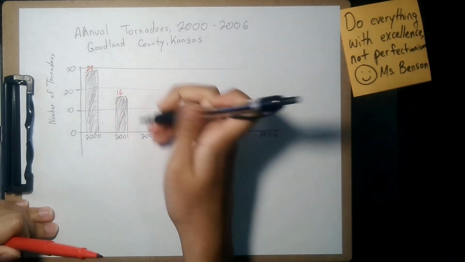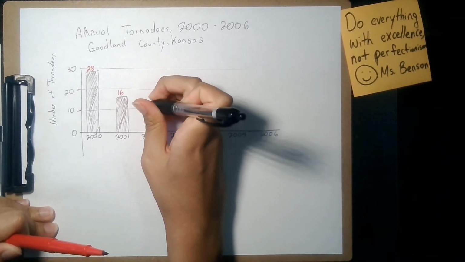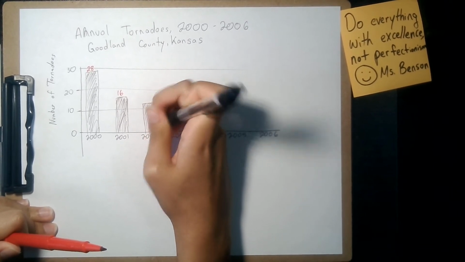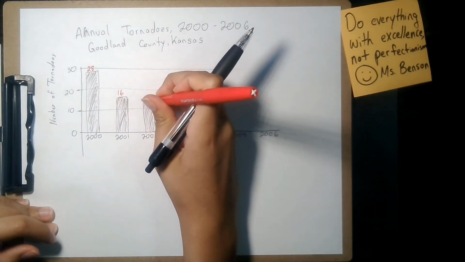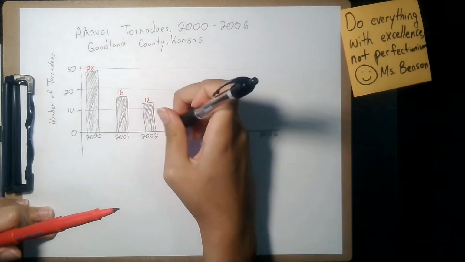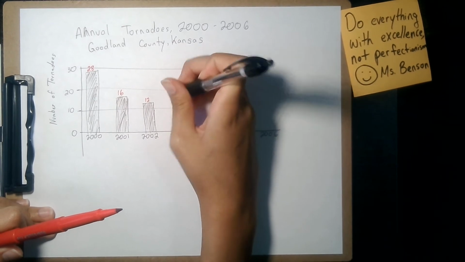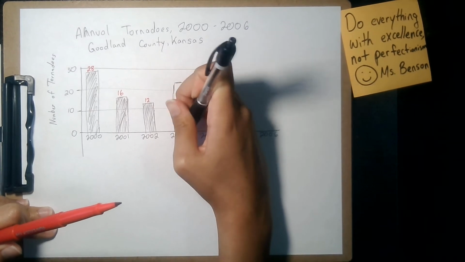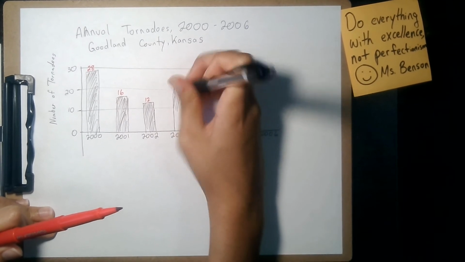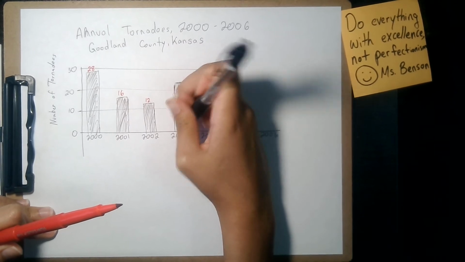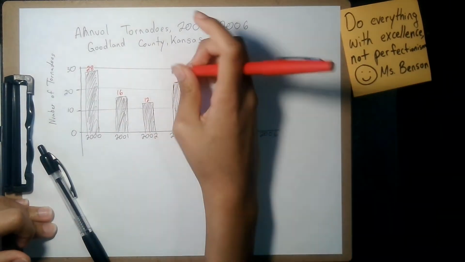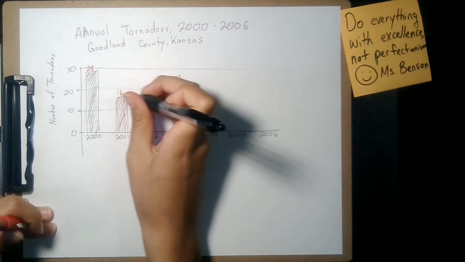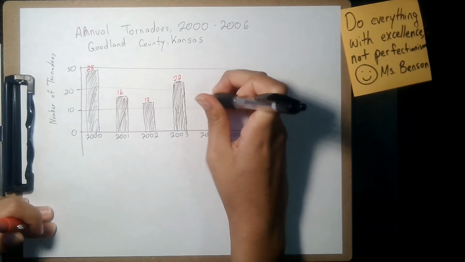In 2002, we saw 12 tornadoes. In 2003, we saw 22. We saw a spike happen again. I'm just describing the trends as we're looking at the data. In 2004, we saw 16 again. Hey, the exact same number as in 2001.